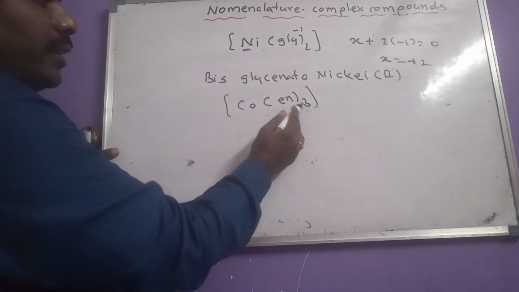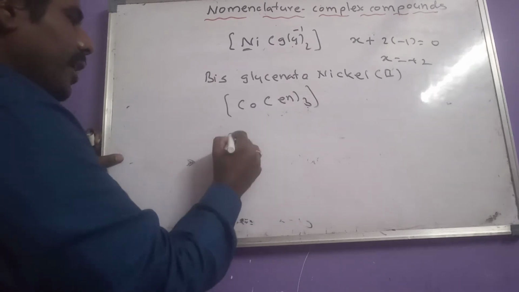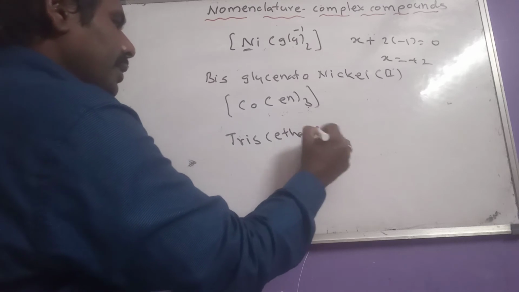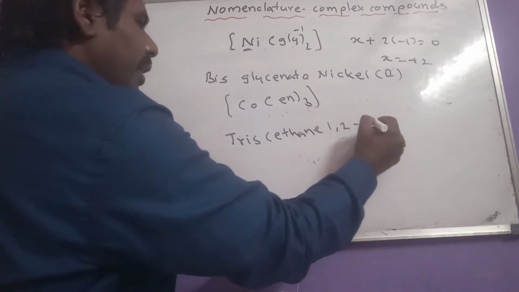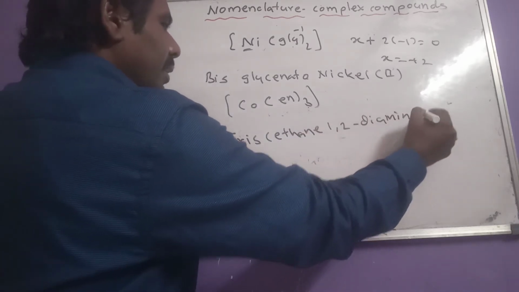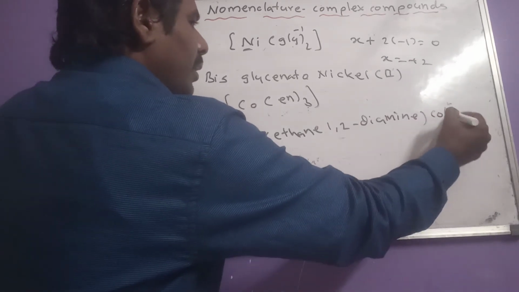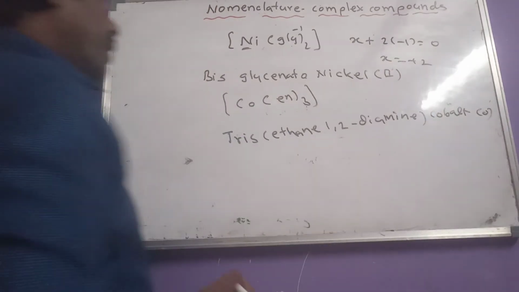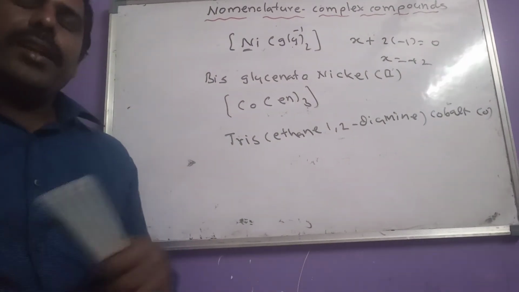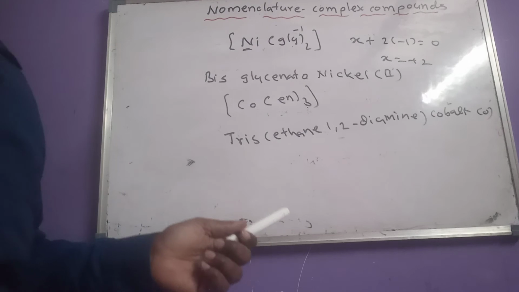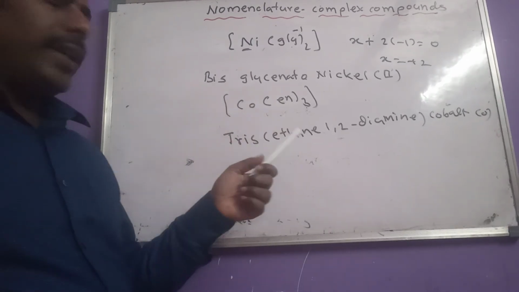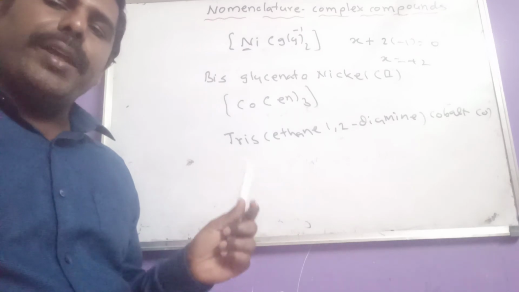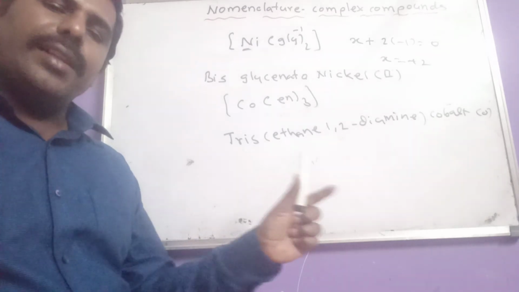As these are 3 in number, this is called tris(ethane-1,2-diamine). And this is cobalt, and of course its oxidation number is 0. So cobalt(0). So like that, if complex ligands are present, we have to indicate the number of such ligands as bis, tris, tetrakis, like this.